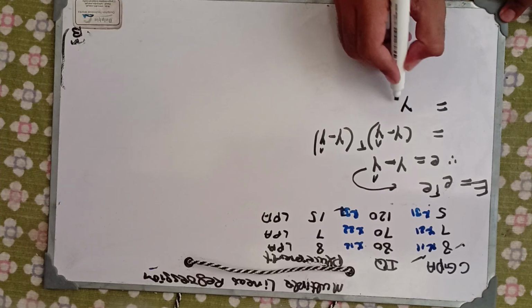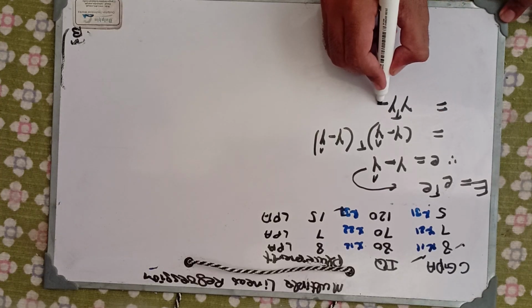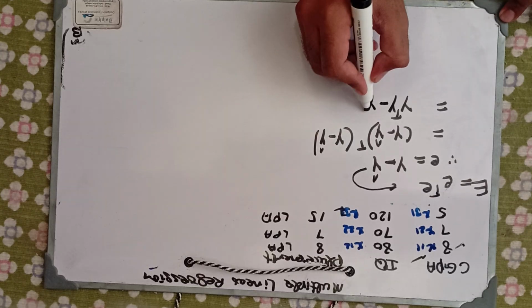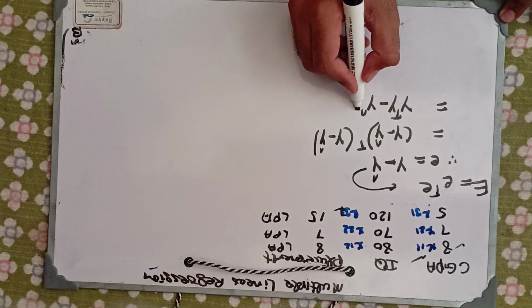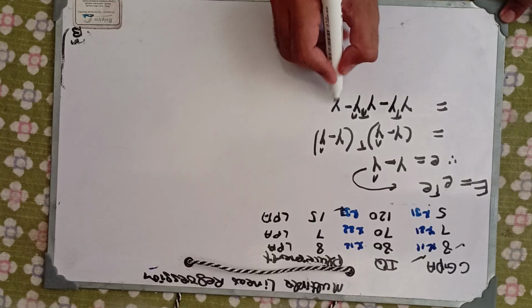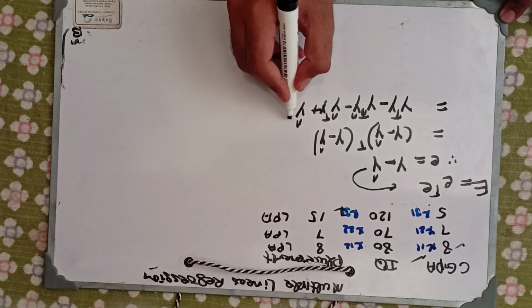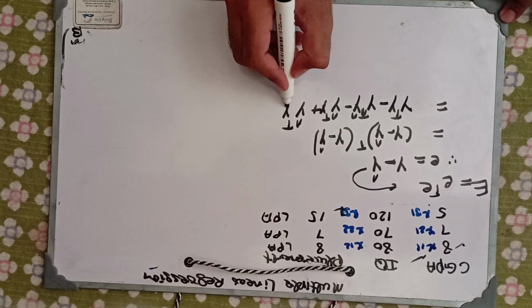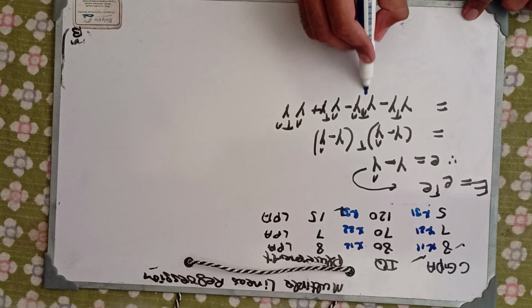So let's multiply it: y transpose y minus y transpose y hat, minus y hat transpose y, plus y hat transpose y hat, right?